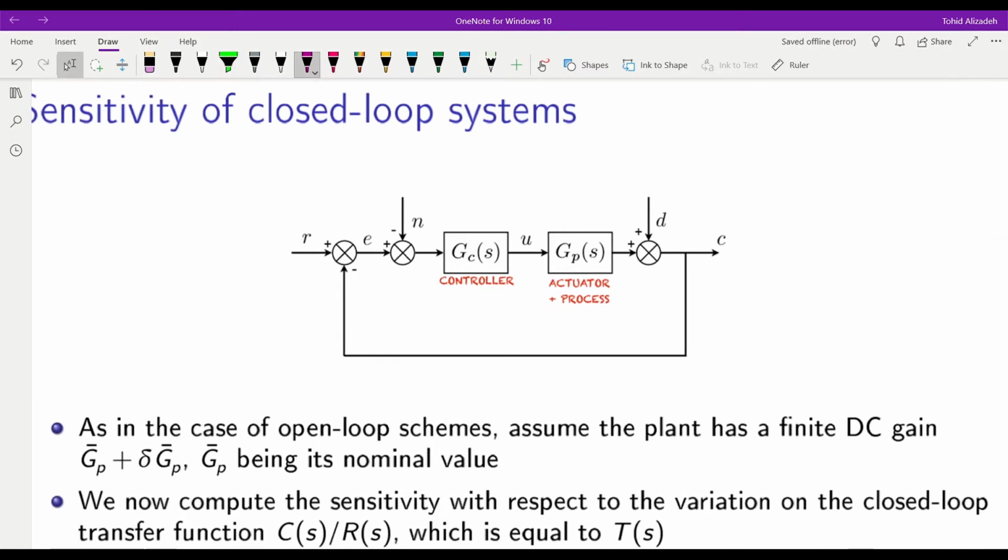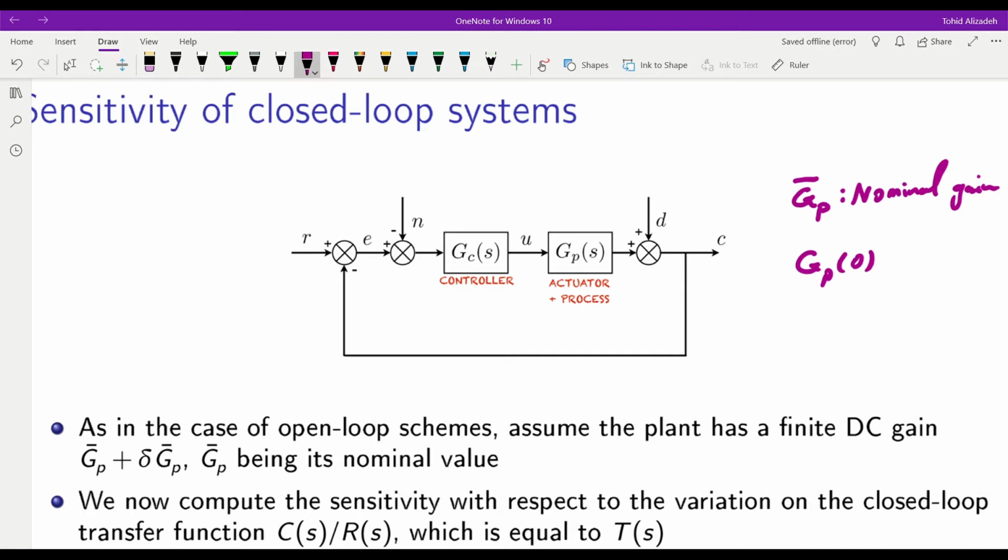So as we had in the case of open loop control systems, for GP, for the process, we assume that we have the GP bar as the nominal, let's say, value for the gain of the process. Okay, so this is the nominal gain of the plant, which we also can find by evaluating GP of S at 0.